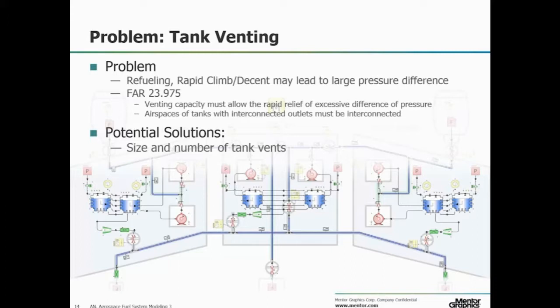Aircraft tanks are designed with weight as a primary constraint and are not always capable of withstanding large internal or external pressure differentials, so it's important to minimize the difference. There's an optimum size and number of vents to satisfy these conditions while minimizing weight, cost, and complexity, and we can use 1D analysis to help refine our design towards this optimum condition.